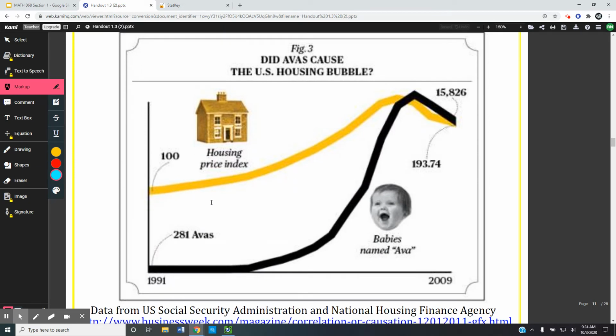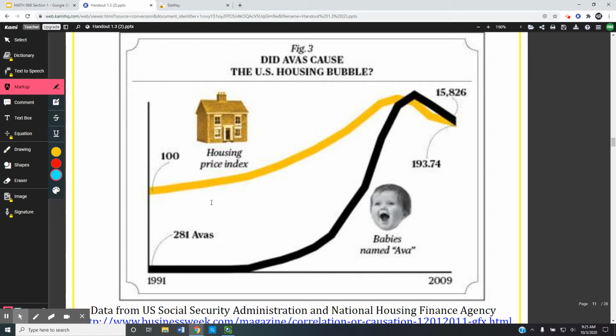Here goes a piece of data that was collected from the U.S. Social Security Administration between 1991 and 2009. What it shows in the yellow line is that the housing price index rose along the trend line that you see from 1991 to 2009.